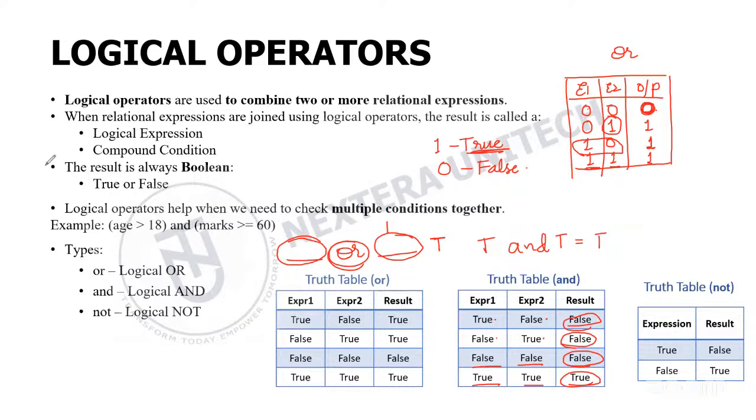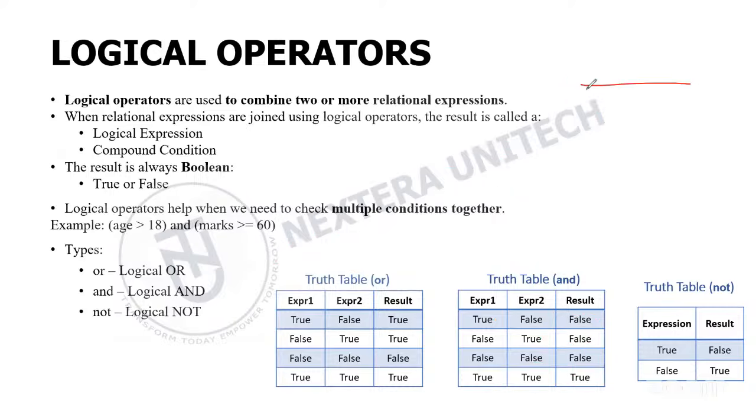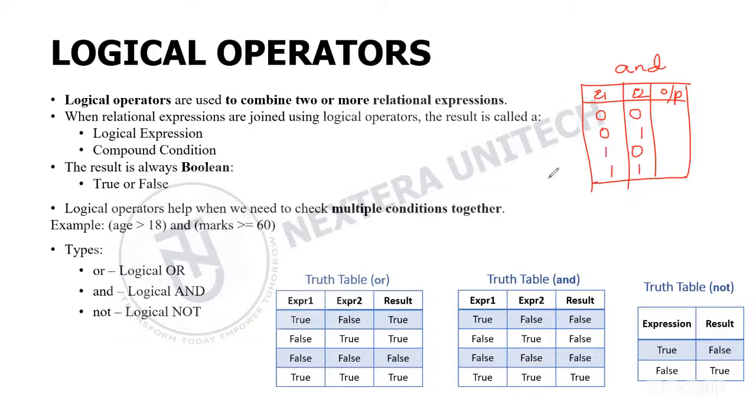In the same way, we can write for AND also. So for AND, the output, expression 1, expression 2. So 0, 0, 0, 1, 1, 0, 1, 1. So in AND, both should be true. Then only we'll get a true value in the output.